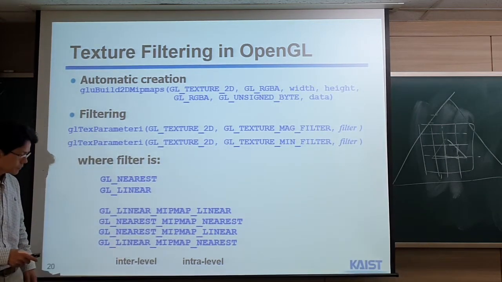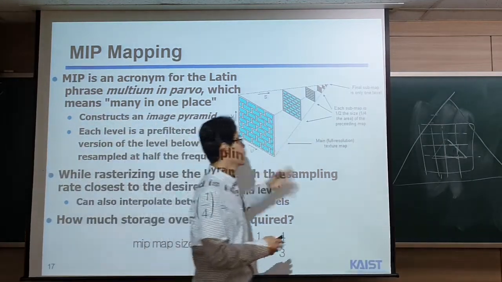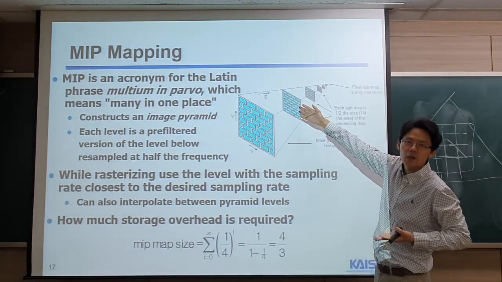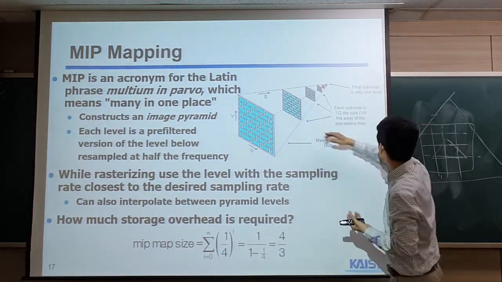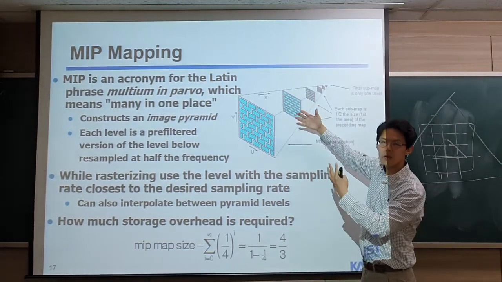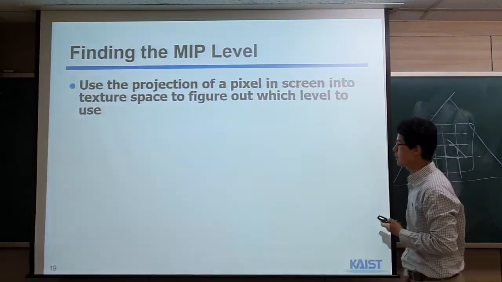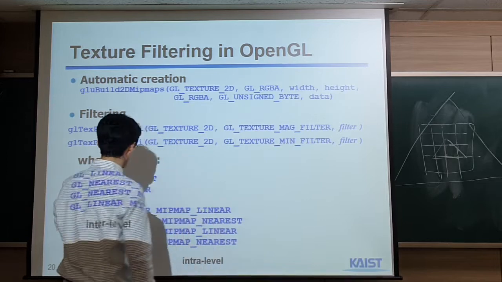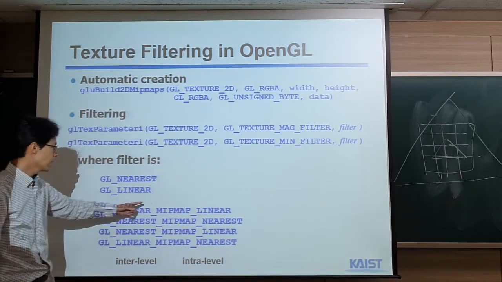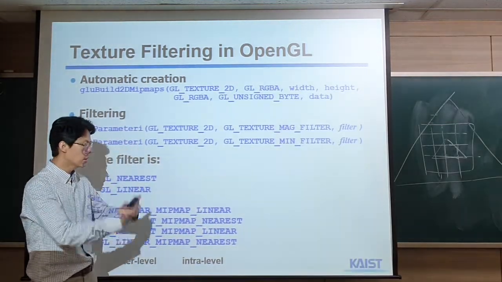In other words, so far I just mentioned that for this pixel I picked only one mipmap level, right? But why not just use one map? We can also pick two layers, and then we can average them out, right? So we can do even linear along the mipmap space. So we can call linear or nearest for the interlevel, and here the intra level is within one layer of the mipmap.